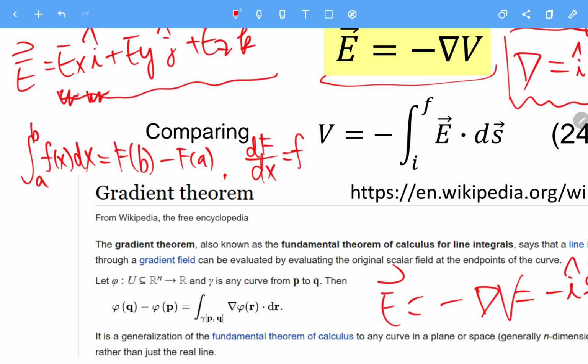This is the so-called fundamental theorem of calculus. When you learn the derivative, it is of course a limit: df dx is f of x plus delta x minus f of x, over delta x, and then take the limit as delta x tends to 0. That is the definition of the derivative.